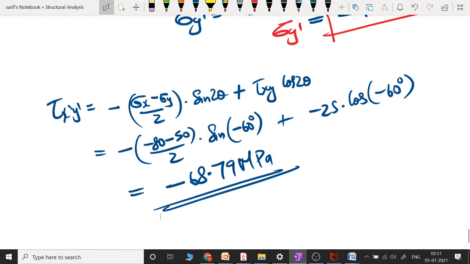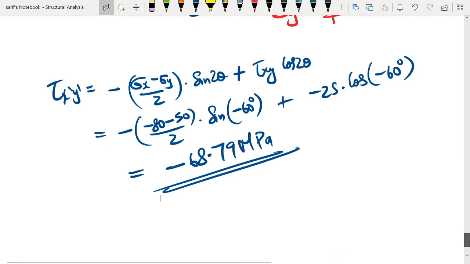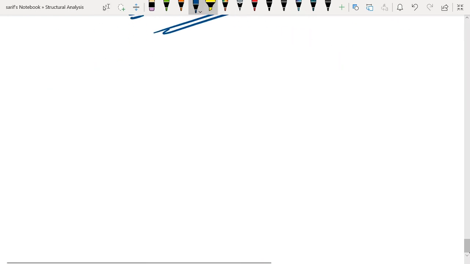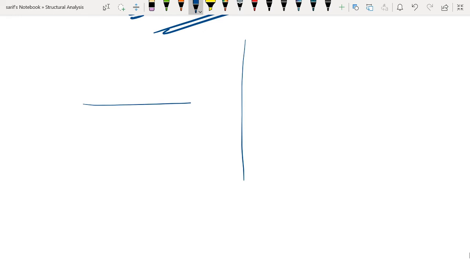So now what we can do is represent this state of stress as a figure. This will be the xy axis and the normal to the plane. This is the normal to the plane, and it is making an angle of 30 degree in the clockwise direction from the x-axis.